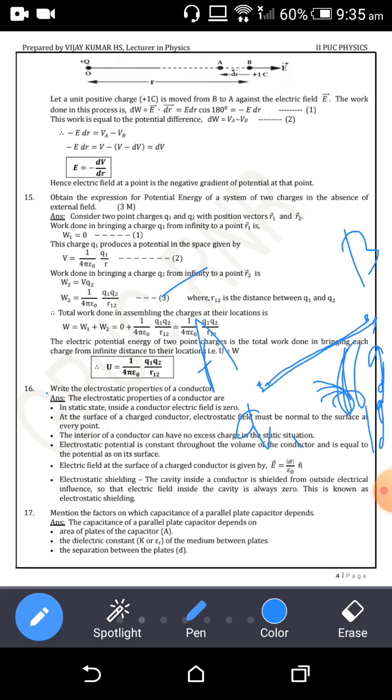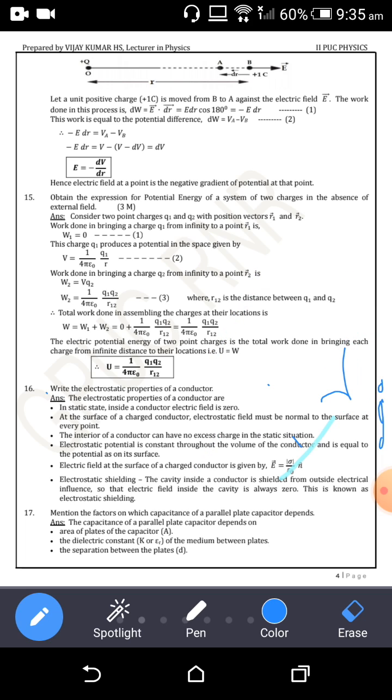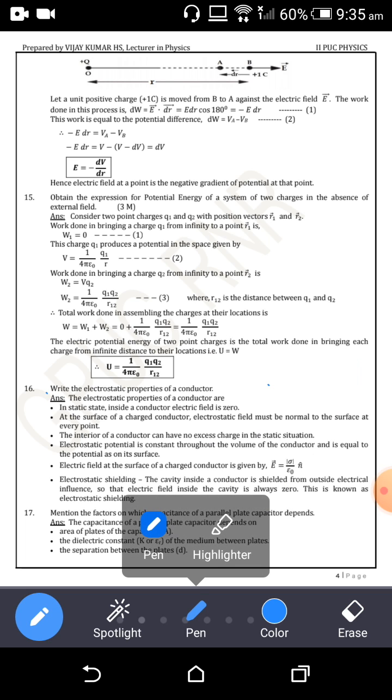Whatever work you are doing will be stored in the form of potential energy. So it is said that the electric potential energy of two point charges is the work done in bringing each charge from infinite distance to their location. Whatever work you do to bring the charge from infinity to a given point will be stored in the form of potential energy.